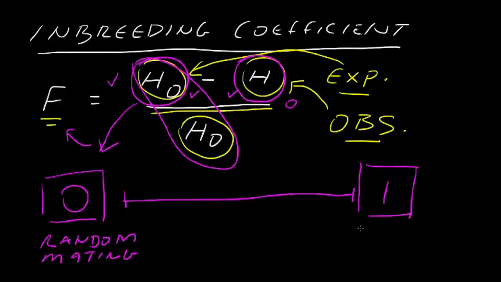So in this case, when we have a value of 1, we are expecting not random mating, but really complete inbreeding.